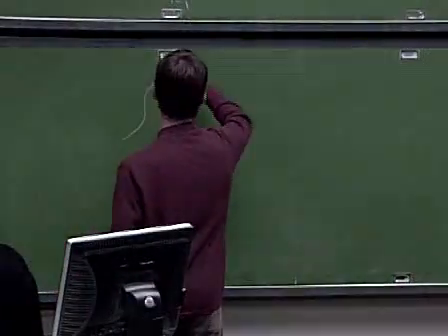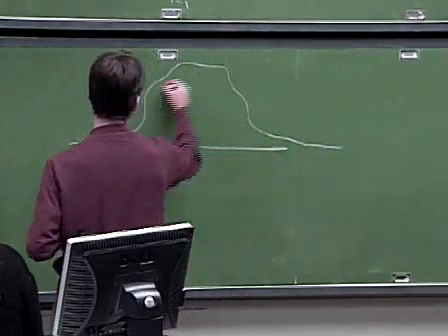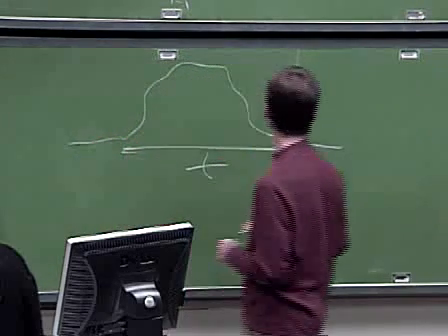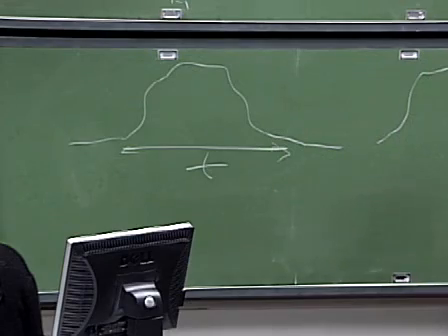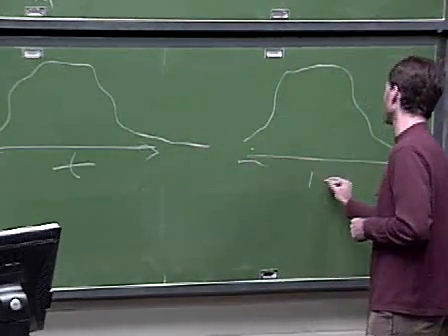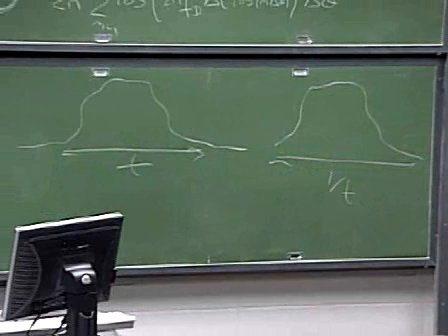If you have a function of time that is 0 everywhere except for a certain interval of duration t, the Fourier transformation of this is non-zero over an interval of frequencies which is about 1 over t, roughly speaking. It's a property of the Fourier transformation.